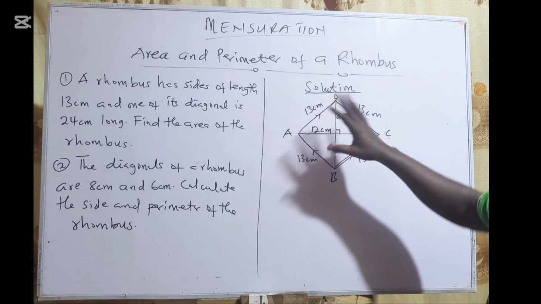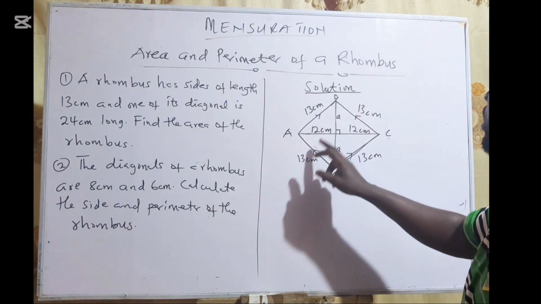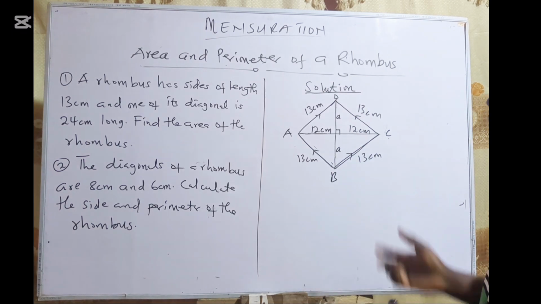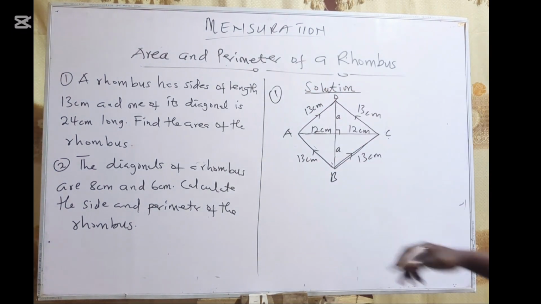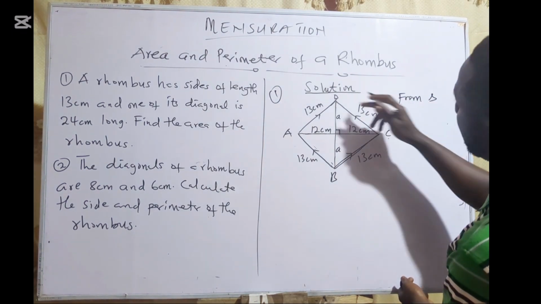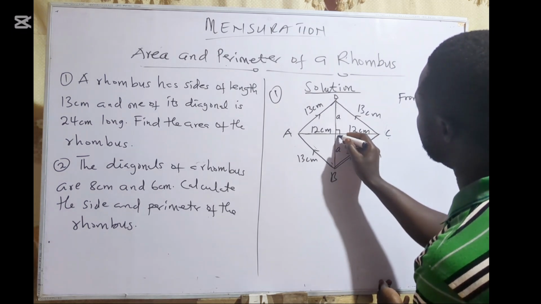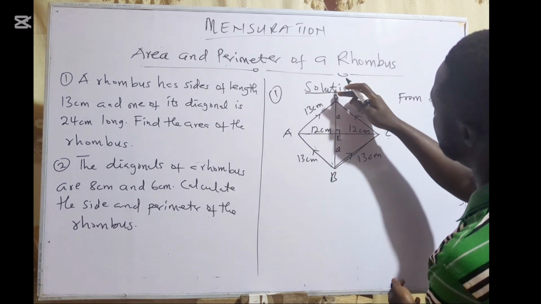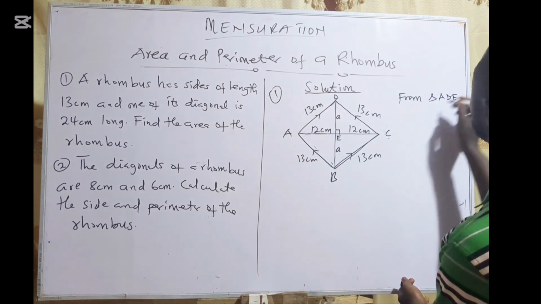So I can use any of the right angle triangles, and they are all the same. So I can find the length of the other diagonal. Let me call here E, so triangle ADE.